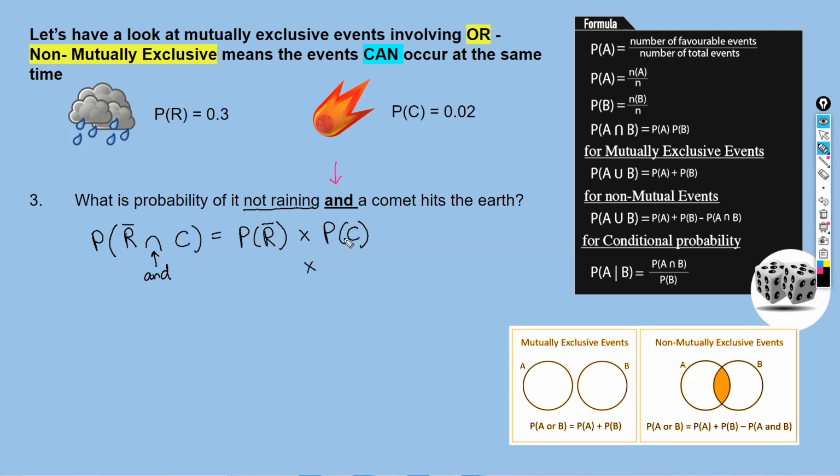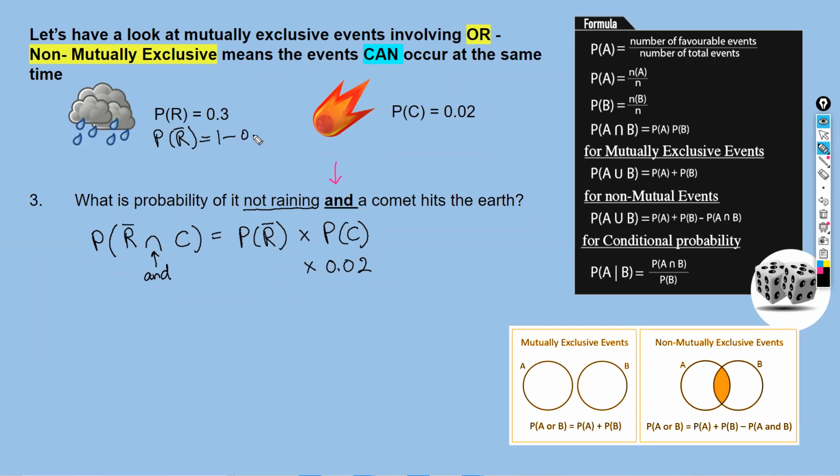Now we know the probability of a comet hitting Earth is 0.02. But we have raining, and we need not raining. When you need the opposite, in 99% of the cases, you just have to minus it from 1.